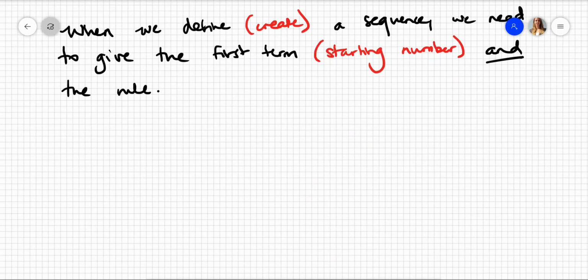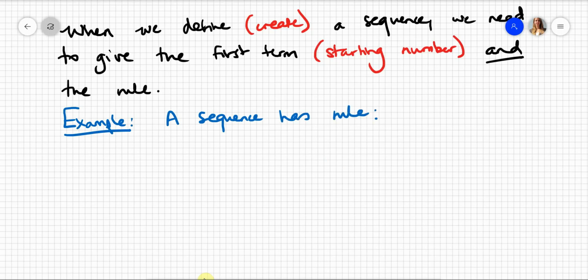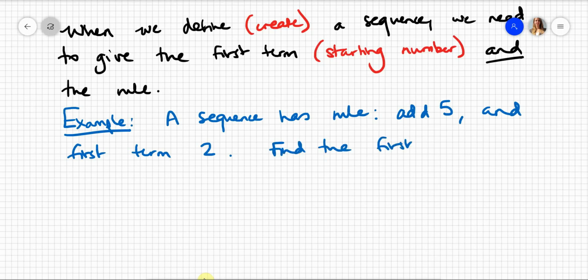So I could give you an example. A sequence has rule, add 5, and first term 2. Find the first 5 terms of the sequence.